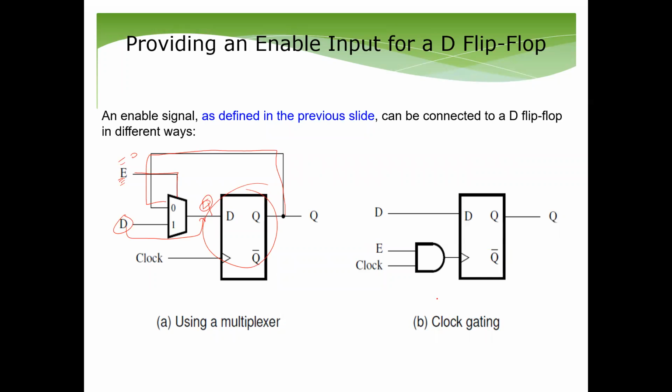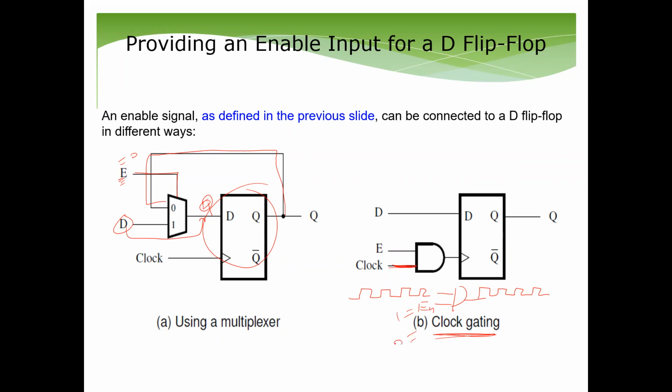Another design is using clock gating. Clock gating means I go to the clock signal that's coming to my flip-flop and I AND it with an enable signal. So if enable equal to 1, what you're going to see at the output is your clock signal. That means your flip-flop will work normally.